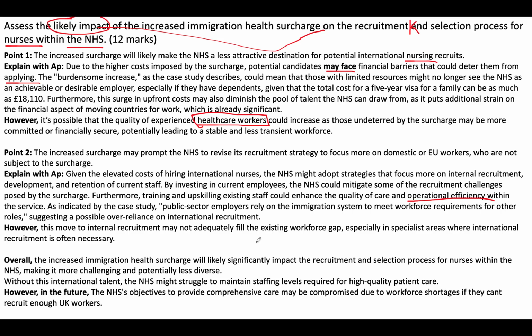And we like to phrase these about the future. So if we're thinking about the current 66% increase in some of these costs for our workers that are coming into the UK, we're thinking about something in the here and now and in the short term. That's our overall answer.